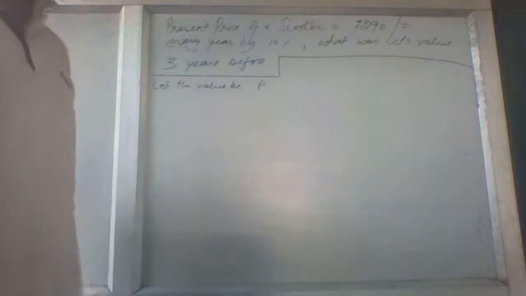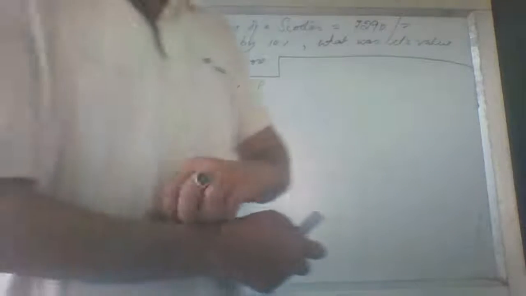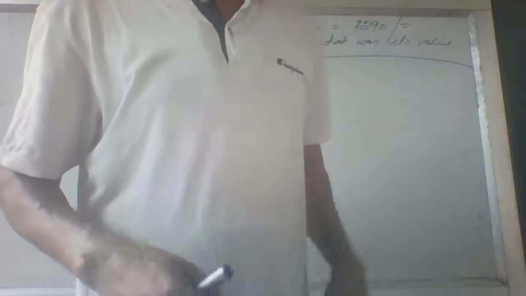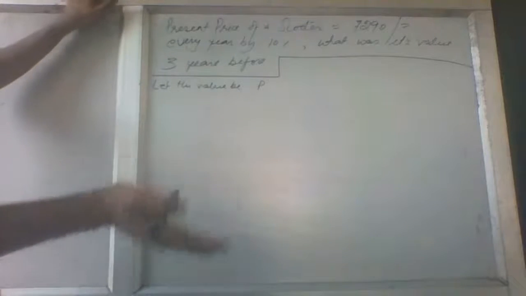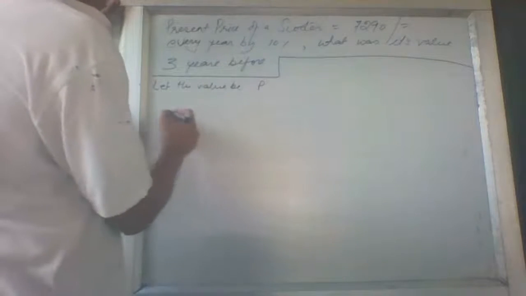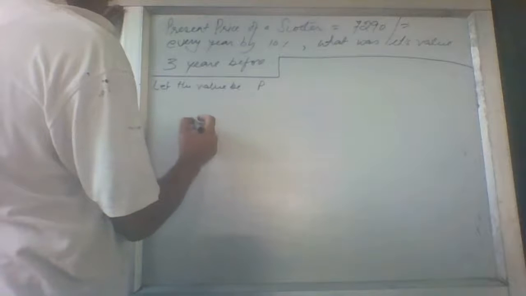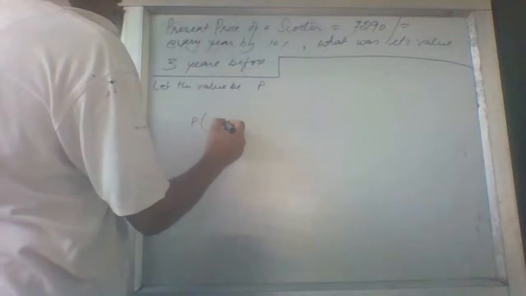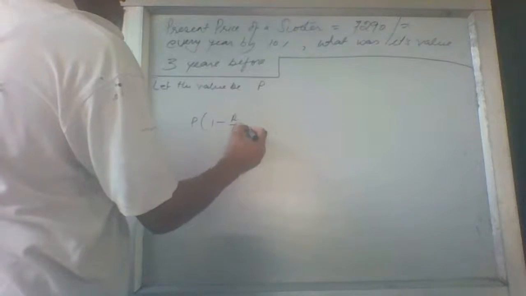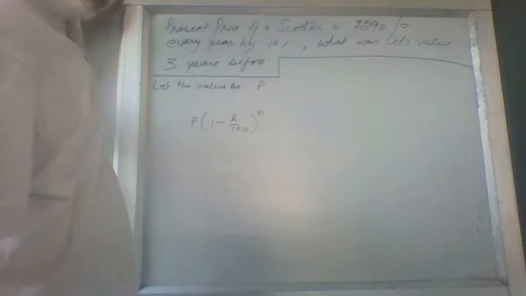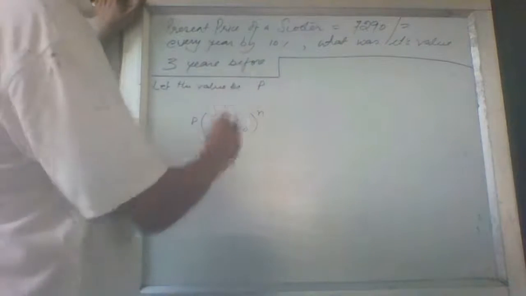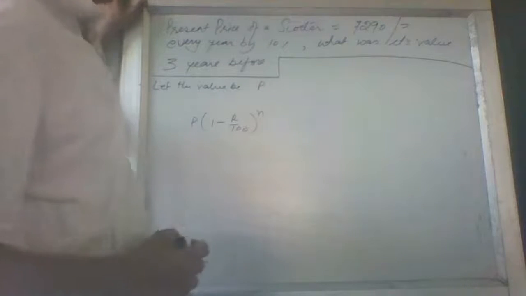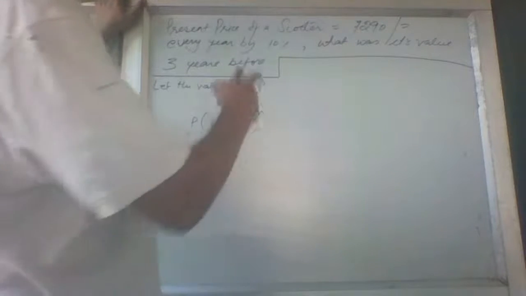Let the value be capital P. And then what is its present value? As it is depreciating, the present value is P (1 minus R upon 100) to the power N. At what rate percent is it depreciating? It is 10.